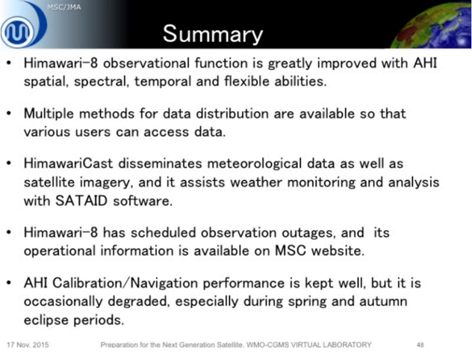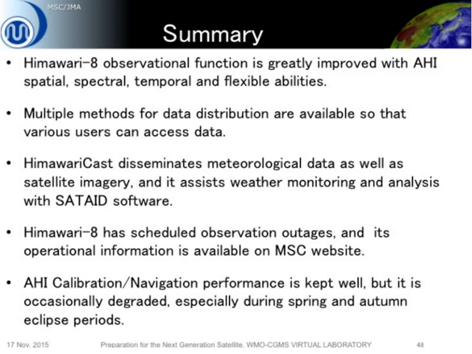Okay, this is final slide. I'd like to summarize my presentation. First, Himawari 8 observational function is greatly improved with AHI spatial, spectral, temporal, and radiometric advances. And multiple methods for data distribution are available so that various users can access data. And HimawariCast disseminates meteorological data as well as satellite imagery.